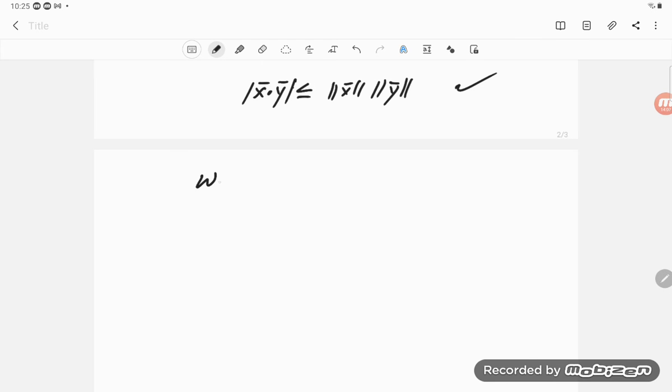So, what about x dot y equals norm of x times norm of y, like that? So under what cases? Well, again, remember that we thought of this as cosine theta.